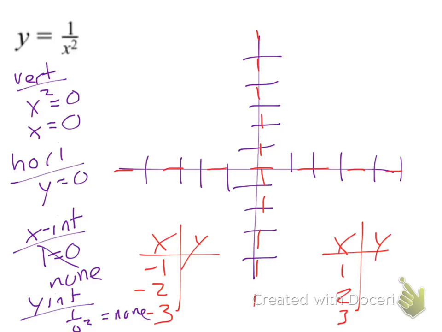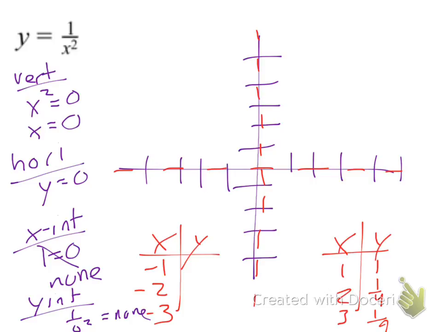1 squared is 1, so 1 divided by that is 1. 1 divided by 2 squared: 2 squared is 4, so it ends up being 1/4. 3 squared is 9, so it's 1/9. This actually seems like it's going to 0 faster, isn't it?